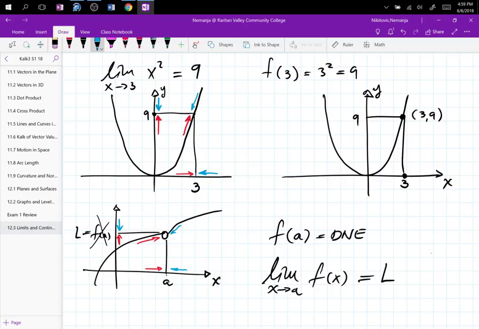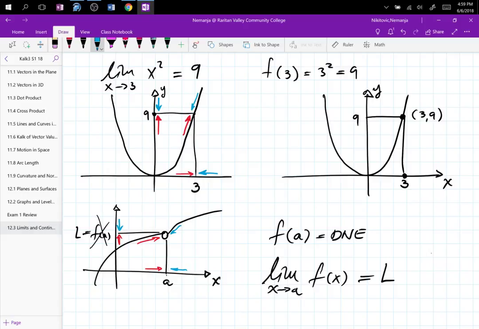Now, another and the last review point that you really need for this lecture is the notion of that left approach, right approach, which is the biggest theorem for limits, which says that the overall limit exists only if the left limit is equal to the right limit.